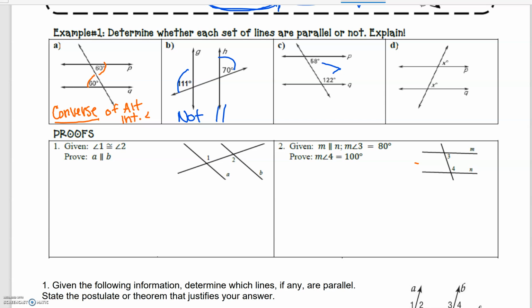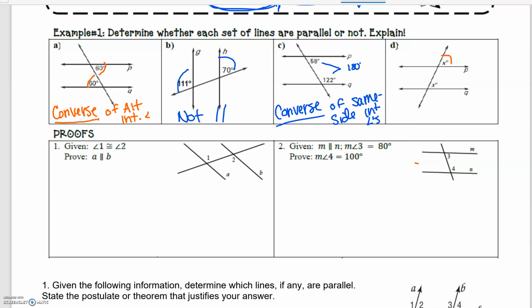Here, these are same side, and if we add them up, 58 and 122, that adds up to 180. So if those same side interior angles are supplementary, by the converse, what proves parallel? Converse of same side interior angles, then we can prove those lines parallel.